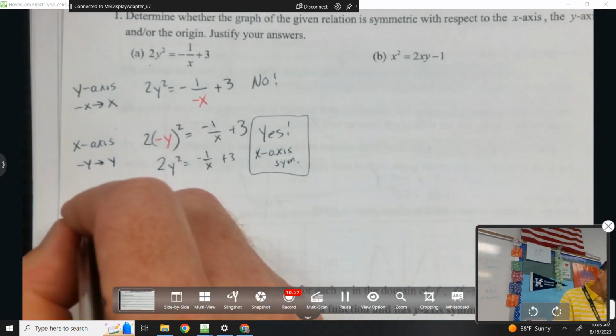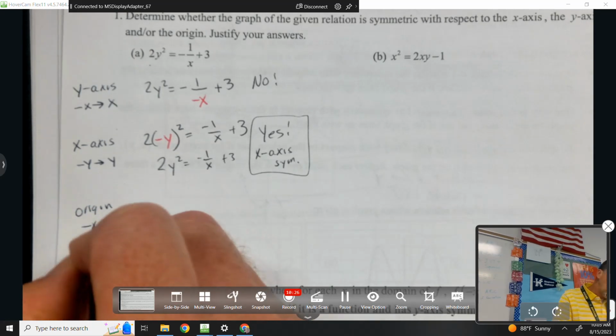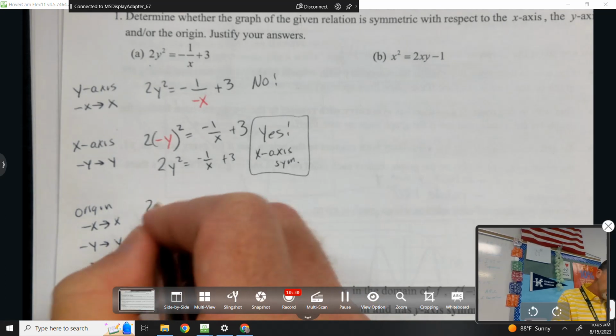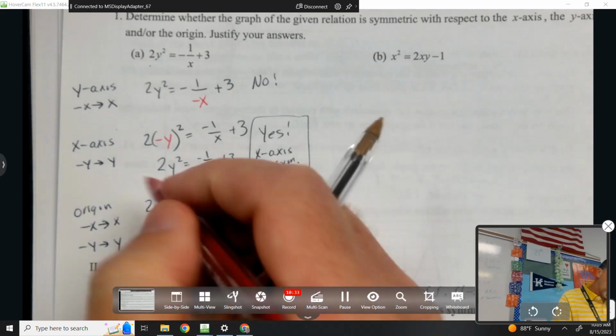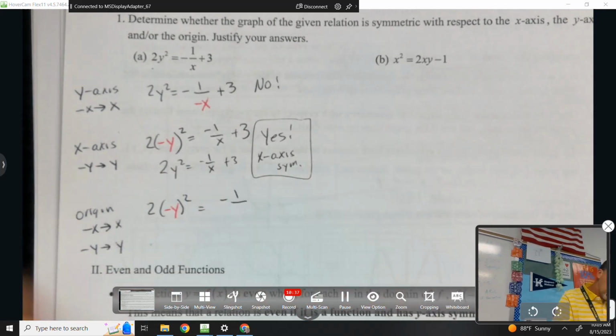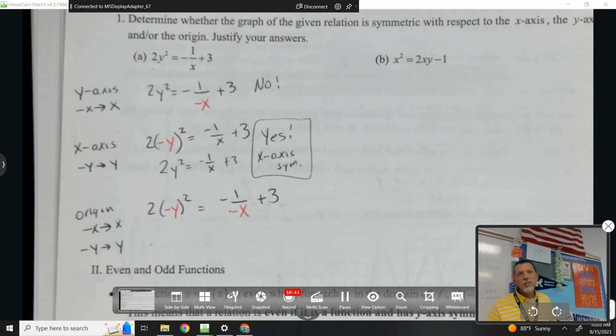And then we'll check the origin, which is both substitutions, negative x in for x, negative y in for y. And sometimes the two negatives cancel each other out and it works out.